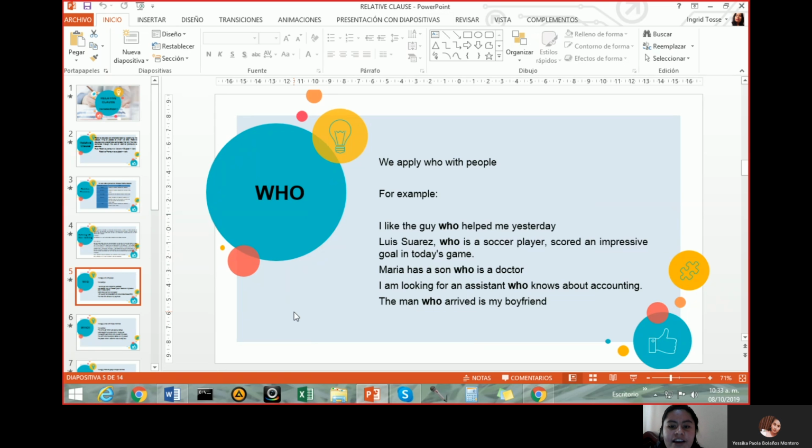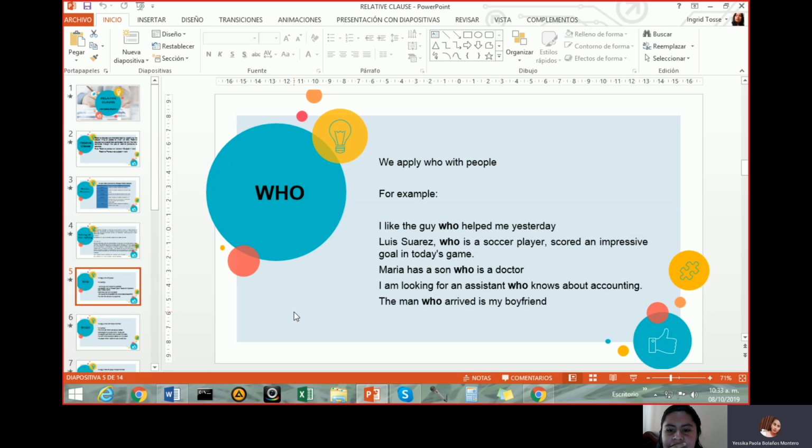In this case, we can find the difference between the first and the second. What do you think? What is defining and what is non-defining? Defining is the first. Not defining is the second because of the comma. Yes, the commas. Yes, that's right.